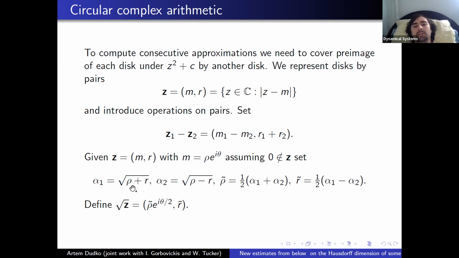And also we can define the root of a disk. So again, making sure that we obtain a new disk which will be covering all preimages of points from the initial disk. So we enlarge our set to make it a disk again. And this is just a convenient way of representing boundary for computational purposes.